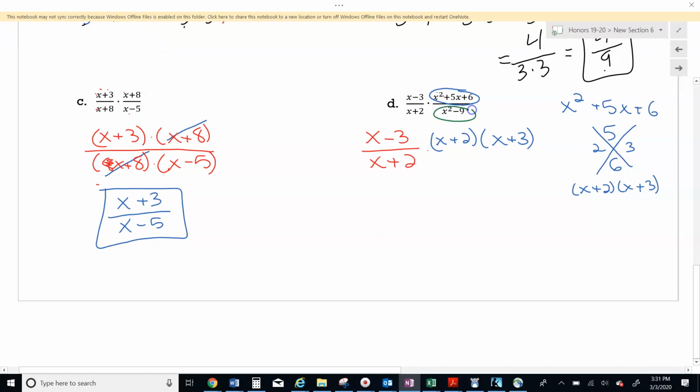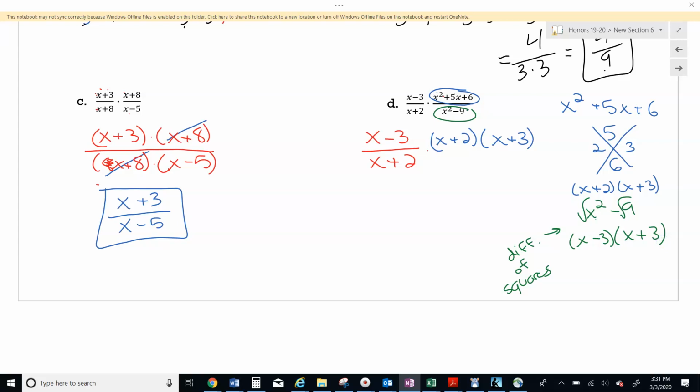This is also a quadratic. This is difference of squares. So I'm going to take the square root, and we still get two things, the subtraction and the addition.